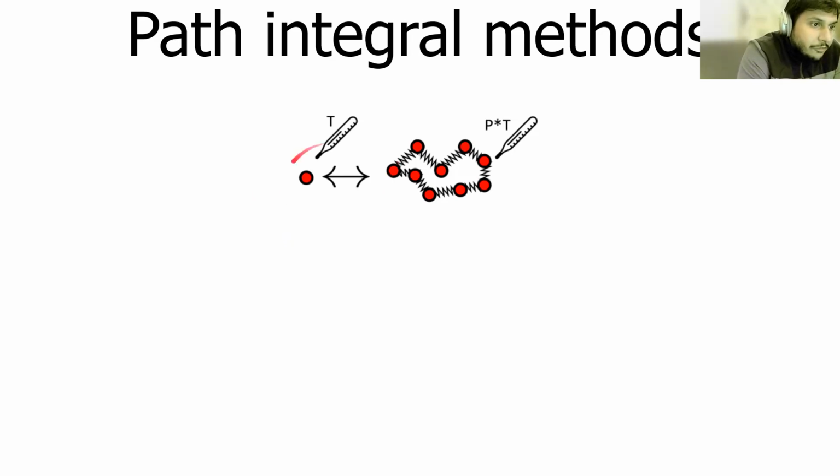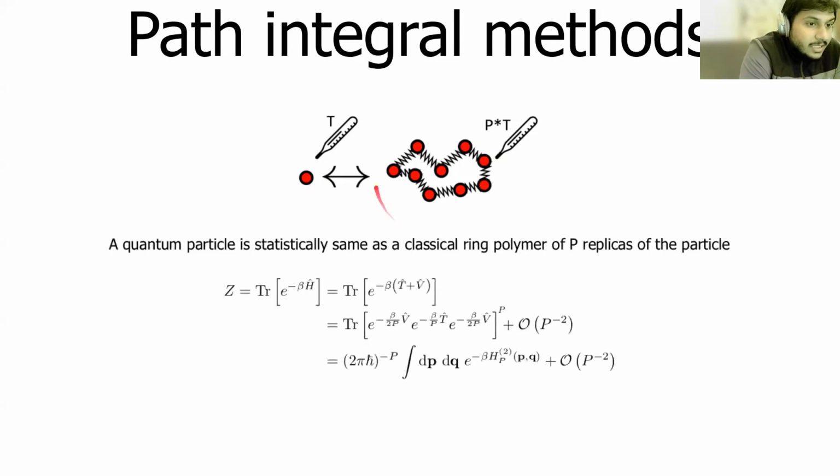Well, if you have a quantum particle at a temperature T, then its thermodynamics or its statistical mechanics can be described exactly, if they are distinguishable, by a ring polymer, which is purely classical. And what exactly is this ring polymer? It is just the same atom or same system repeated P times.